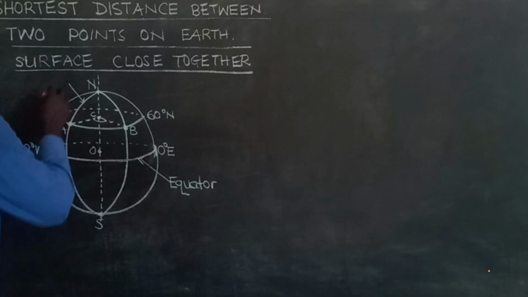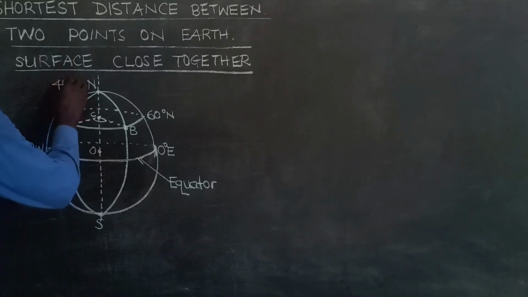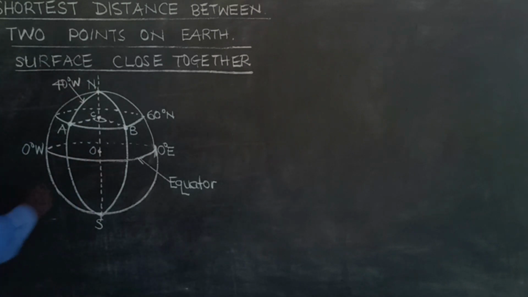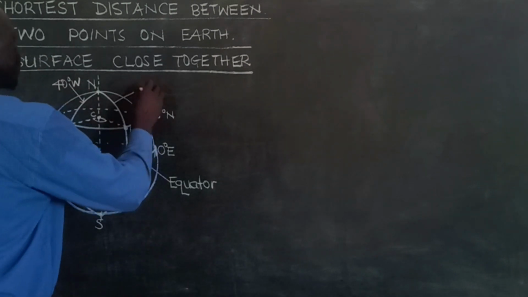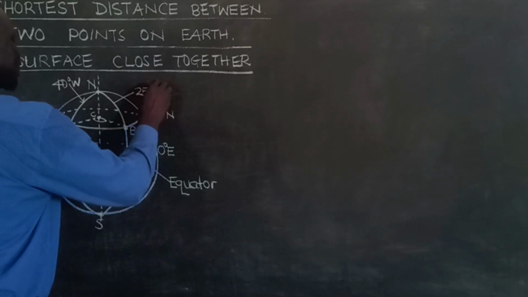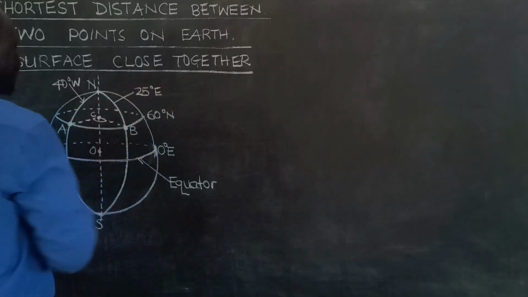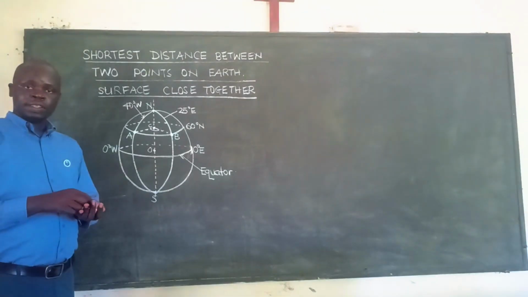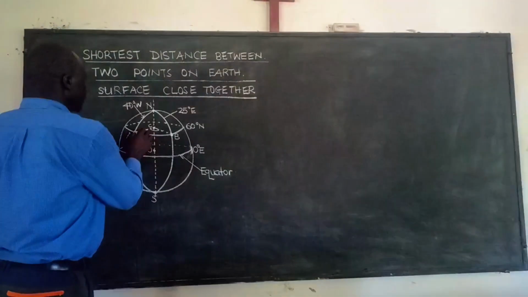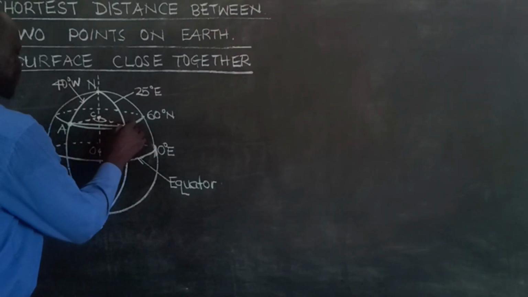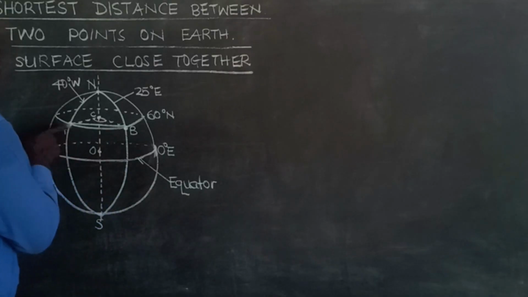Perhaps we may say this is 40 degrees in the western hemisphere. Meanwhile, this one is 25 degrees in the eastern hemisphere. And from there, our main interest is to get the shortest distance between this point A and B. So we can draw a line exactly like that, meeting in a straight line.